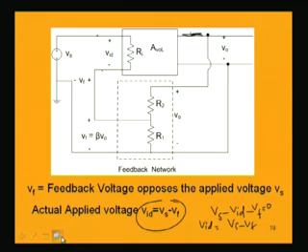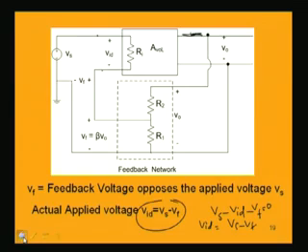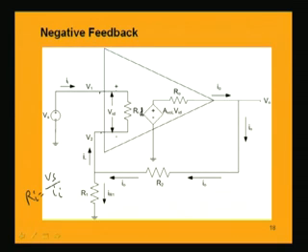So Ii equals Vs minus V2 by RID, because this is the current flowing between these two points, where the voltages are V1 and V2.